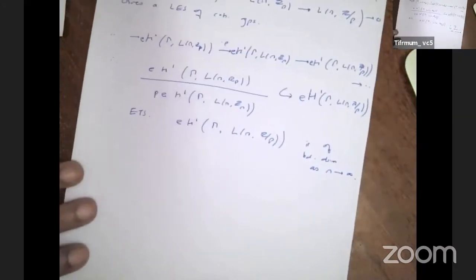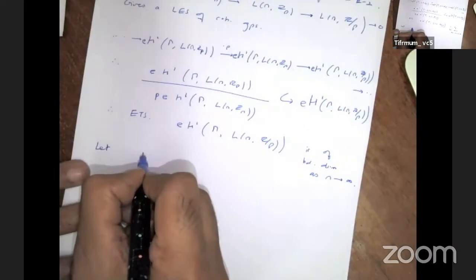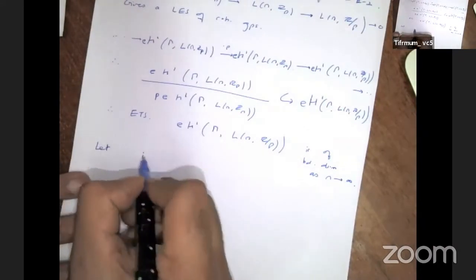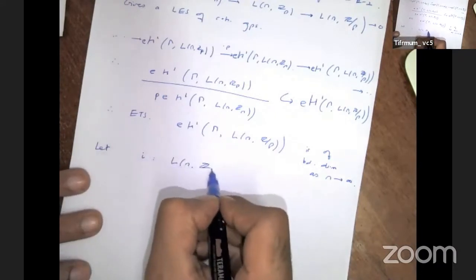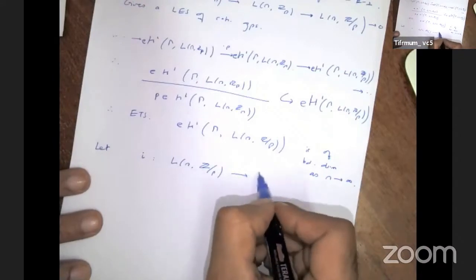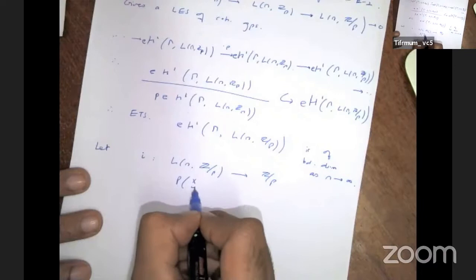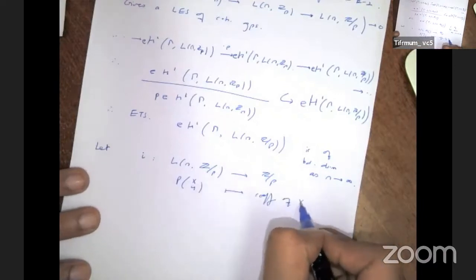I'm going to do one more reduction. So let I, not iota, be the map which takes a polynomial to its x^n coefficient. Okay, so if you have a polynomial in x and y, let's take it to the coefficient of x^n.